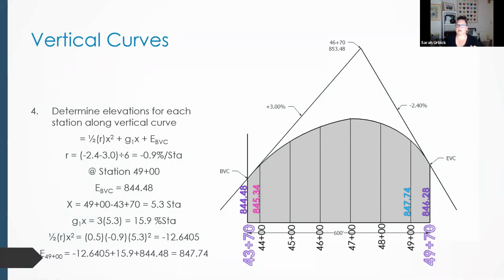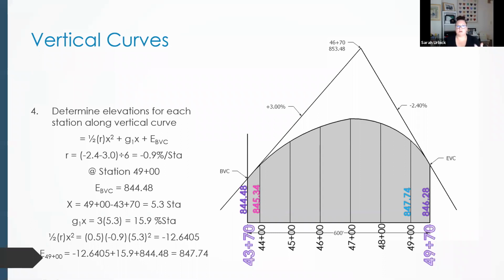Just like, as I recall, chemistry was about canceling out those units of measure. What do we end up getting if we have percent per station and multiply it by a station? If we have a number of stations and we divide by percent per station, we get some weird numbers, right? So our slope is in percent.